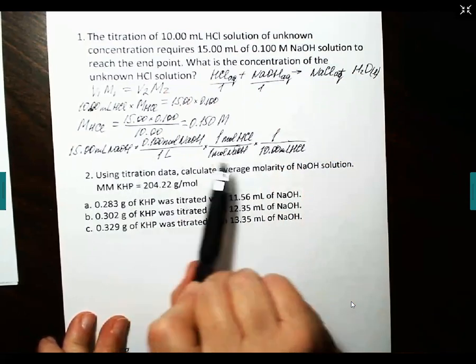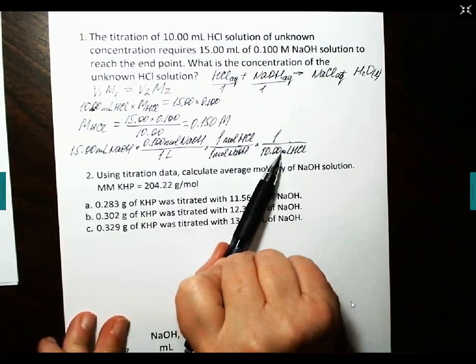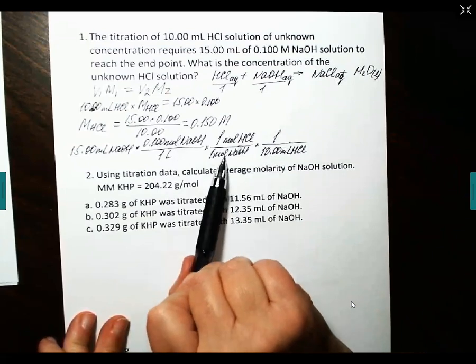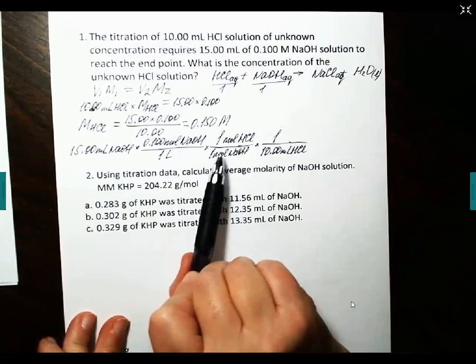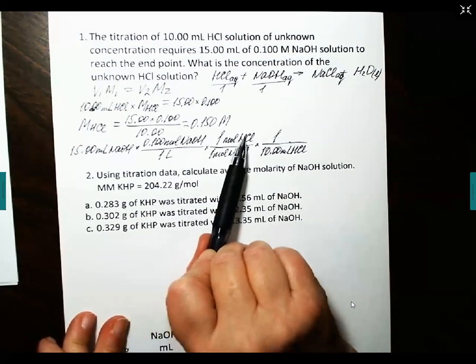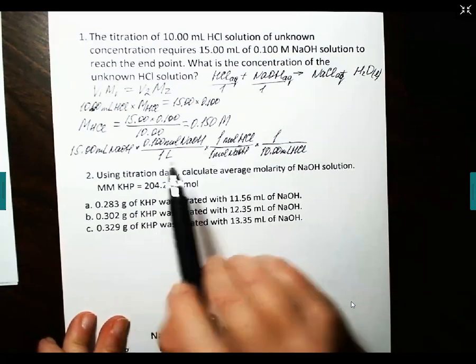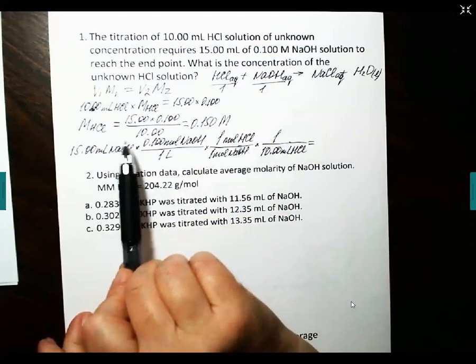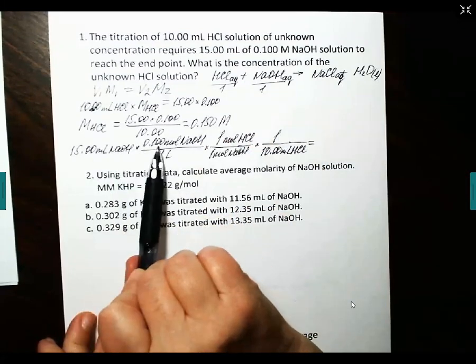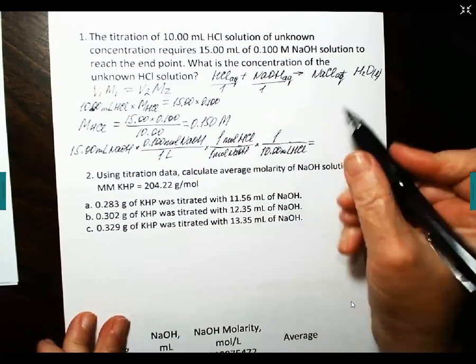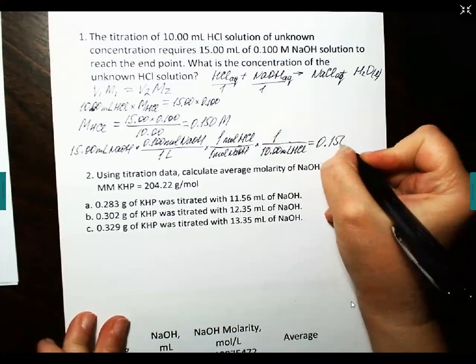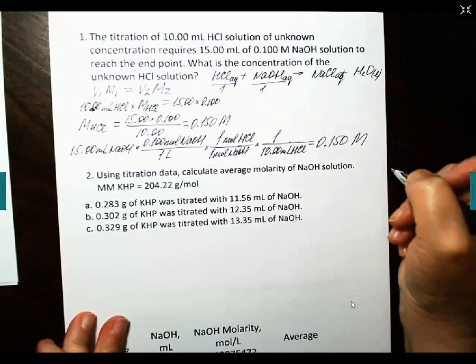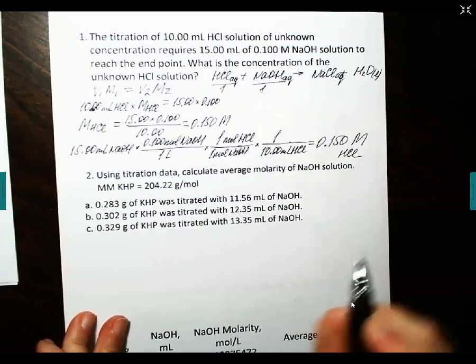So these milliliters and these milliliters cancelled. Moles of NaOH cancelled, and we have moles of HCl per liter, and that's what we need. And again, you can see the same 15 times 0.1 divided by 10, 0.150. This is molarity of HCl solution.